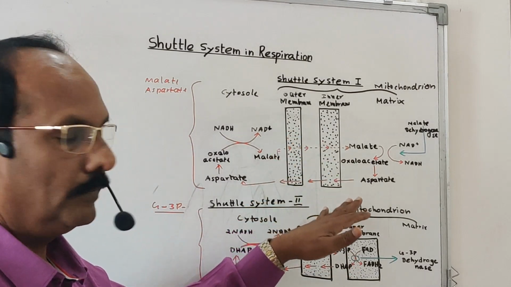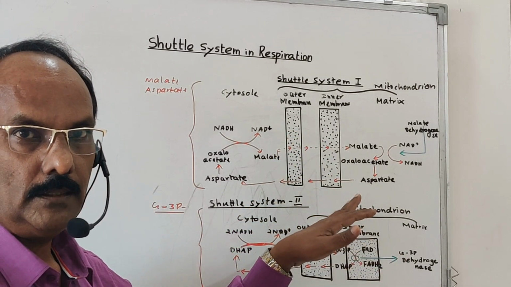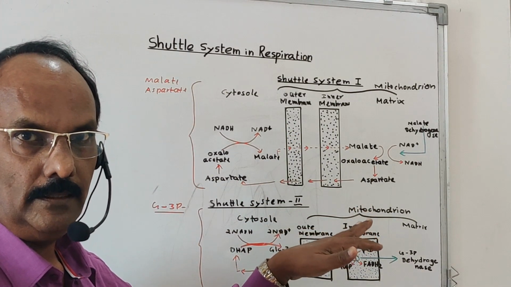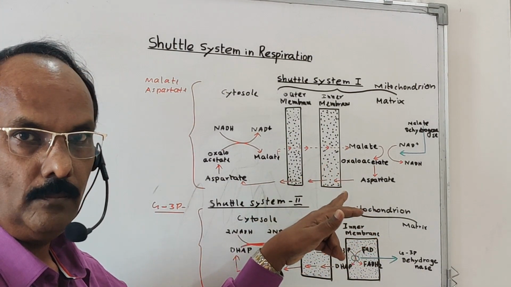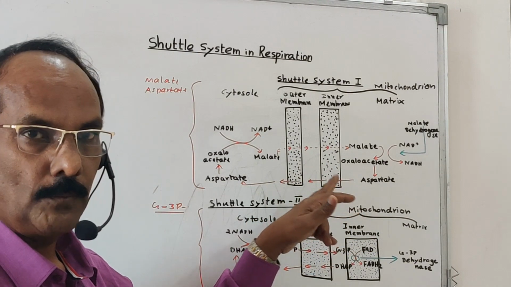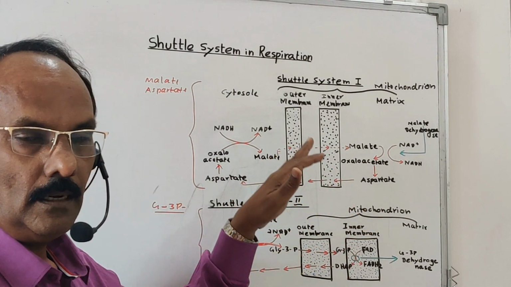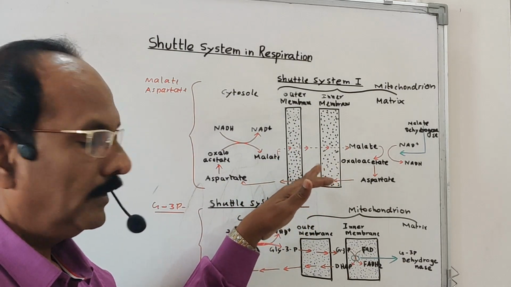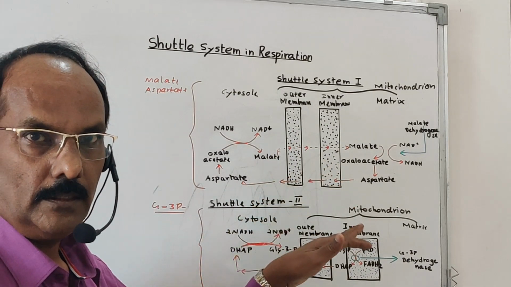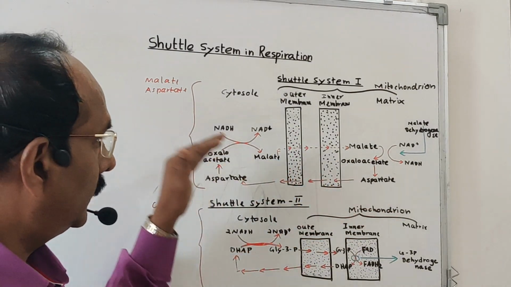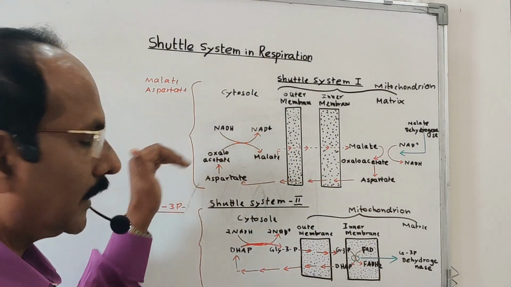This also takes place in aerobic prokaryotic organisms, bacteria, where also 38 ATP molecules are the total profit from one molecule of glucose. So this takes place in the heart, in the liver, and in some muscles without losing any energy. So this is the Malate Aspartate shuttle.